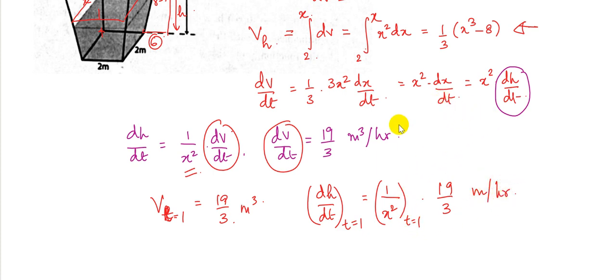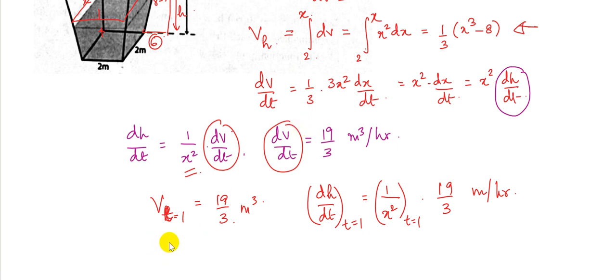Now we use this equation: V at t equal to 1 is 19 by 3, and that should be equal to 1 by 3 into (x cube minus 8), where x is the side of the square of the surface of water at height h, which is at 1 hour.